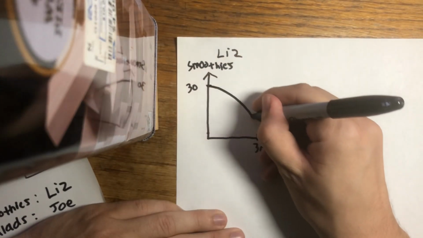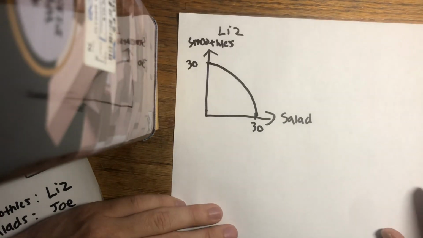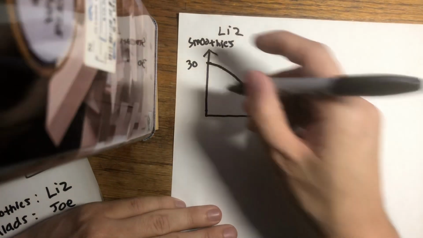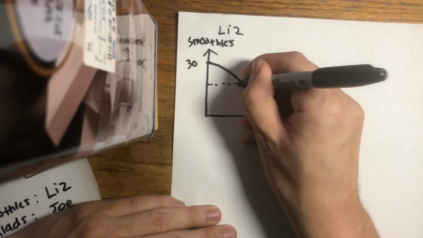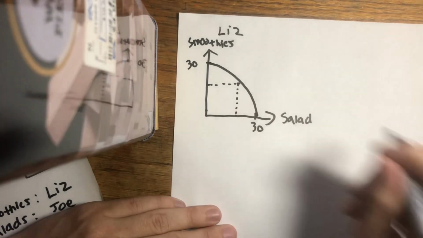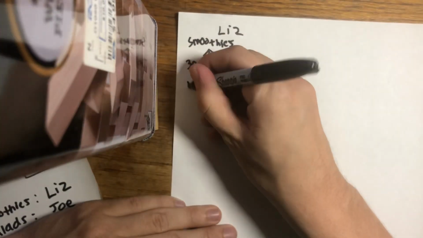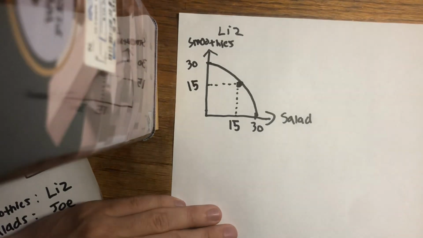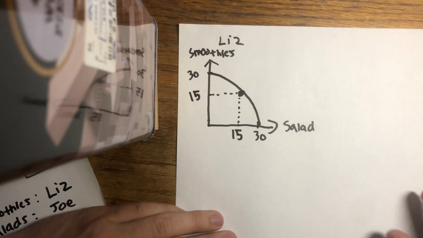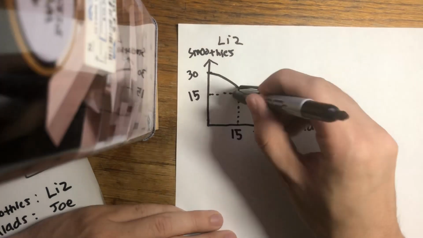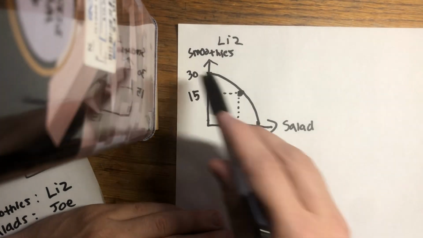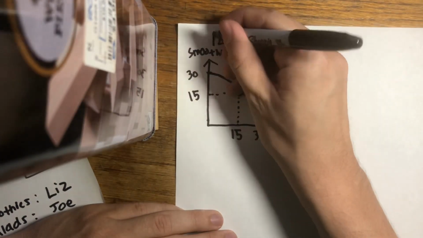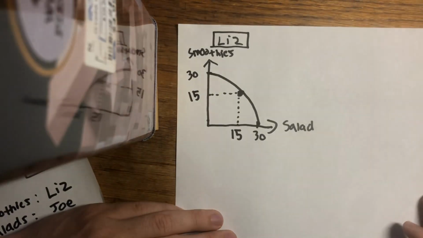Now, her production possibility frontier is generally going to look something like this. Remember, this is not completely drawn to scale. We can say that around the middle point, if she decides to equally devote time to both goods, it's around 15 and 15. But the endpoints are 30 and 30. So this is our production possibility frontier for Liz.